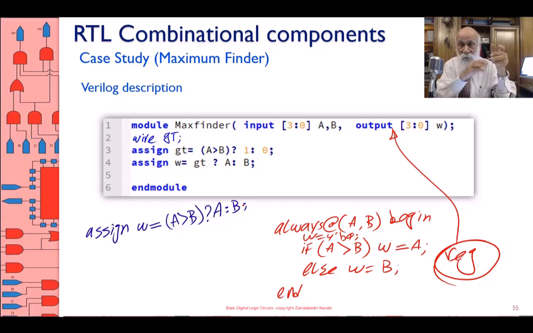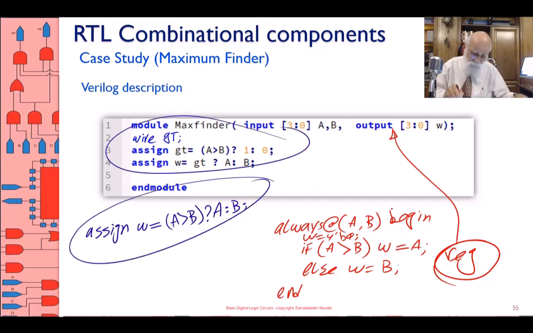If you have a comparator, you want to instantiate that. If you have a multiplexer, you want to instantiate that. You can do that as well. And if you like to do gate level, you can do that. Okay. Let me see what else is worth saying about this description. Nothing really. I've already shown you 3 ways of doing it: this, this, and this.